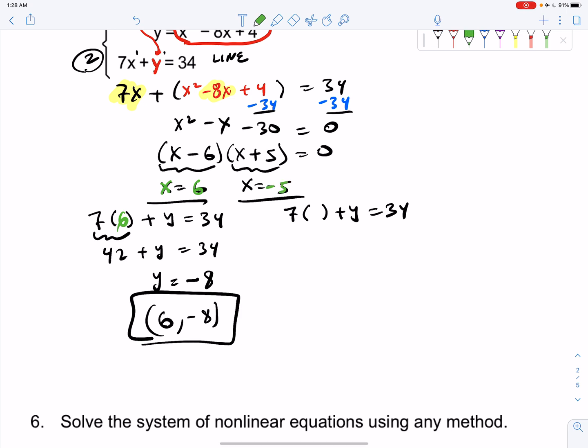A negative 5. So 7 times negative 5 gives me a negative 35 plus y equals 34. Well, I'm going to add 35 to both sides of the equation, which is just going to give me y equals, what's that going to be? 71.